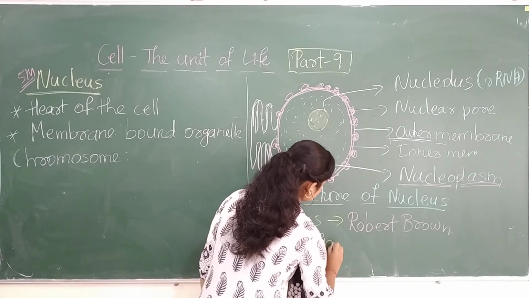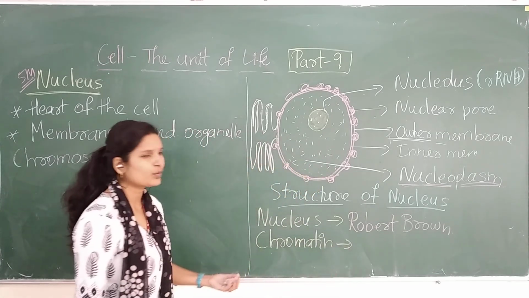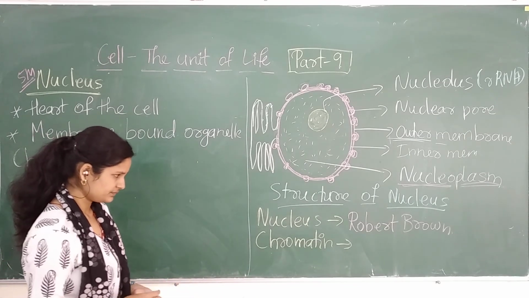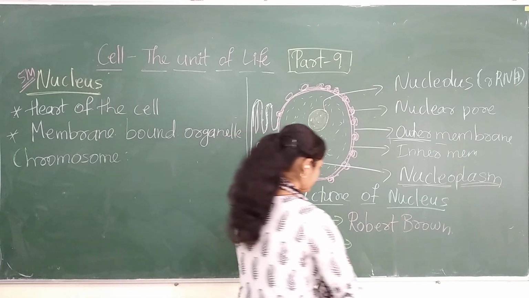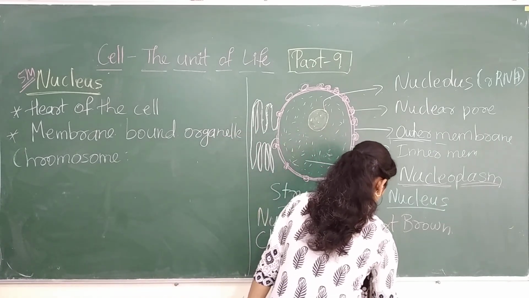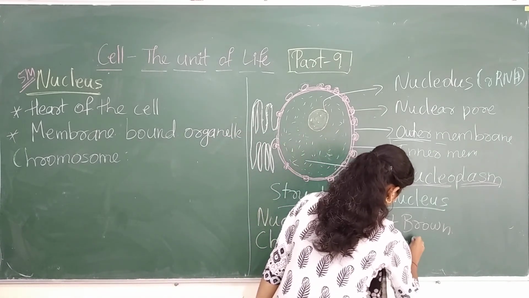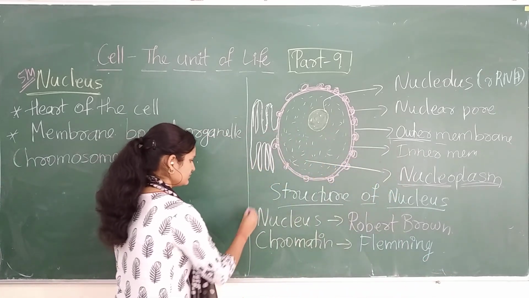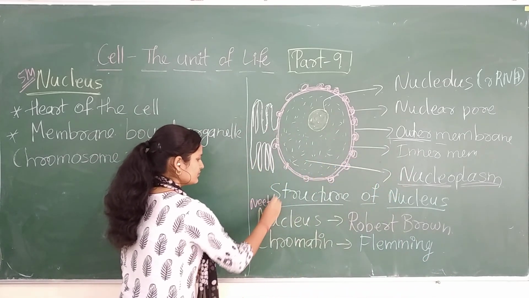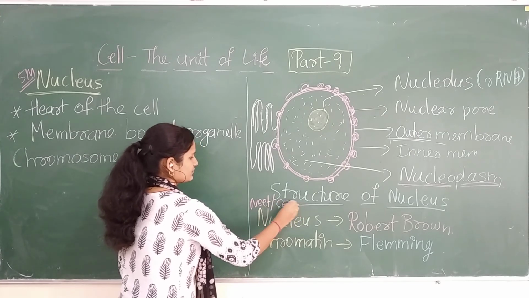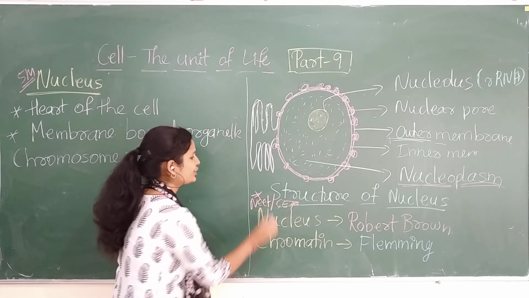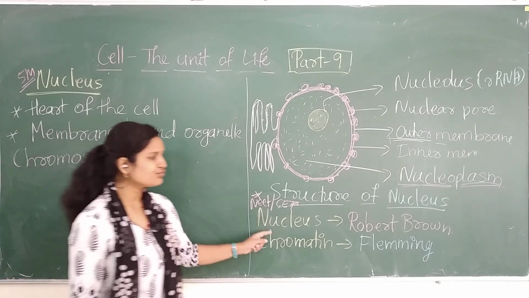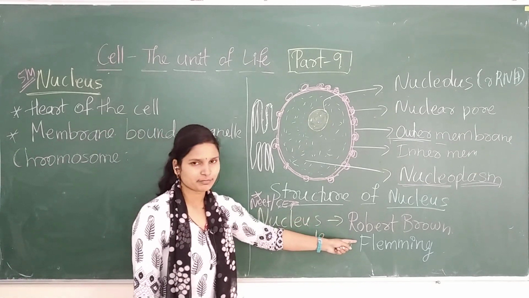Who found the chromatin material inside the chromosome? I already told you, scientist names are very important. So the nucleus was found by Robert Brown.